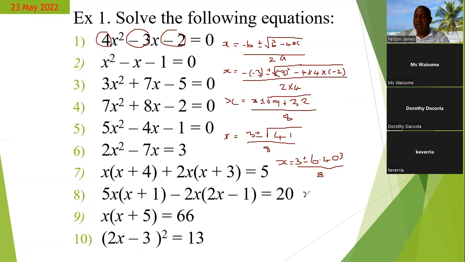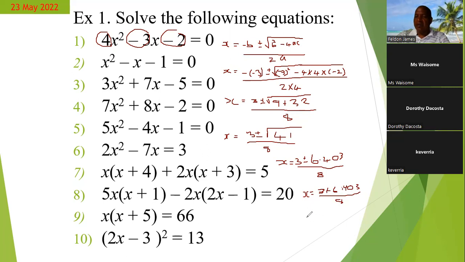So you're going to have x is equal to 3, so you're plussing in one case, so 3 plus 6.403. And in that case, you would put it over 8. So you're going to go ahead and just add them and then divide by 8 for that scenario.